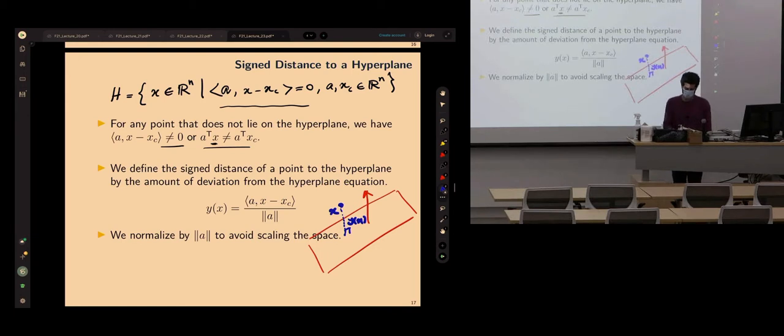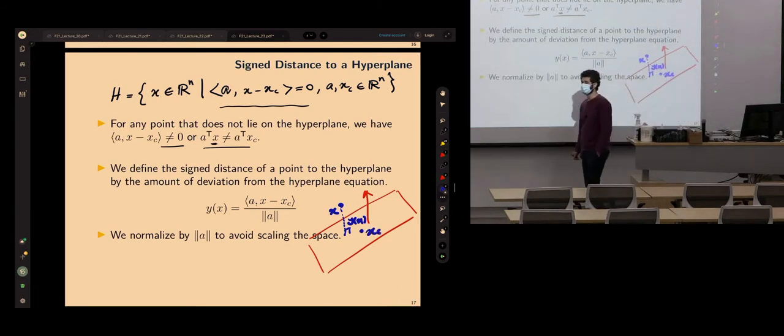So, we take the dot product of an arbitrary point. Let's say this is xc, which was the translation, but is ultimately a point on the hyperplane, right?